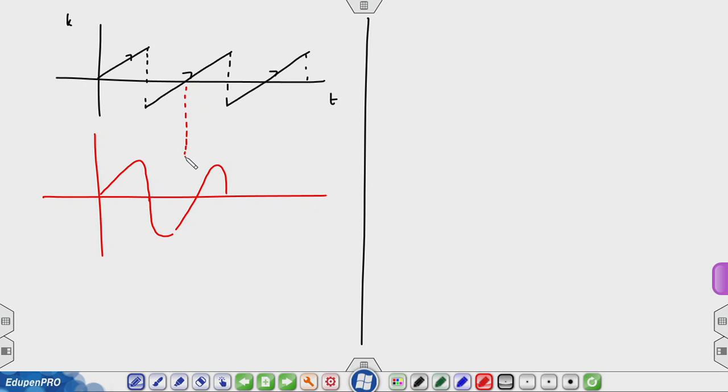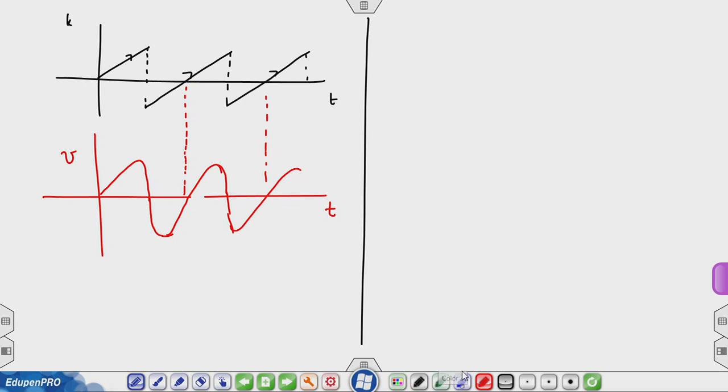These are corresponding points. Let me make it neatly. It will come down and go up again. This is velocity with respect to time. It is moving in one band. So, it has positive velocity, it has negative velocity.